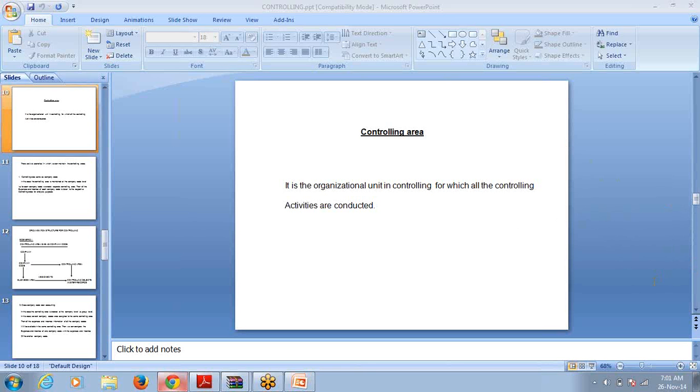I'm not clear after the explanation. For overheads, do we have separate GL accounts, or how is the cost flowed? No, the GL account should be there. Suppose printing and stationery is there. For printing and stationery, we maintain the GL account in the general ledger. Okay, so that is an independent GL account which is not related to any of the functional modules. Exactly. I think I got it.